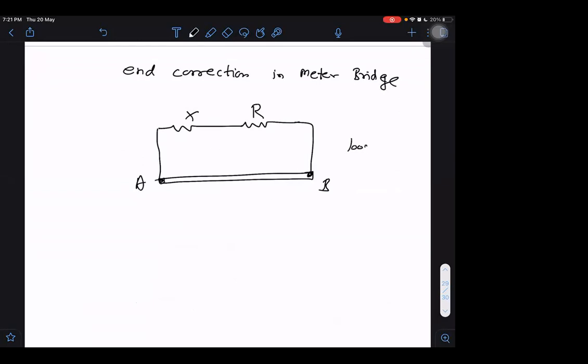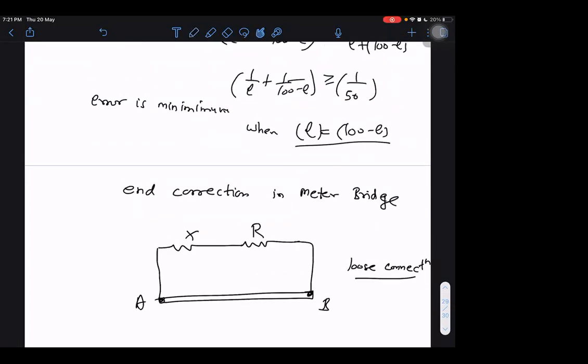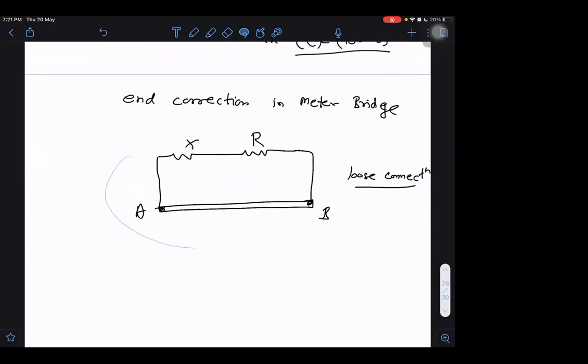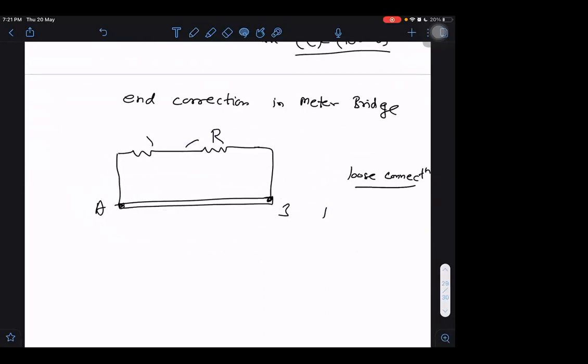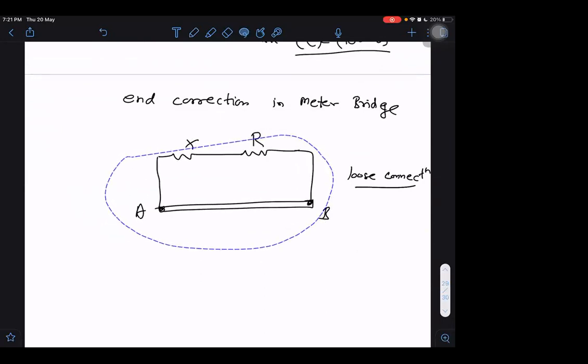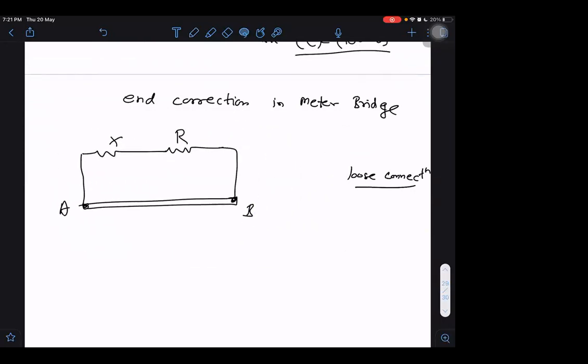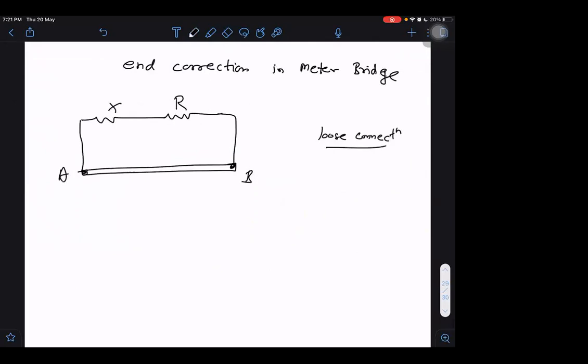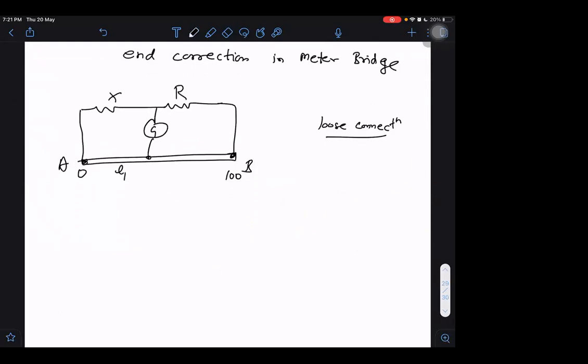Sometimes due to loose connection, what happens? It is 0, it is 100 actually, and this length is L1, let us say.